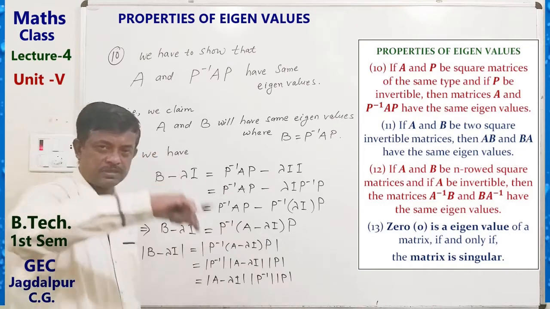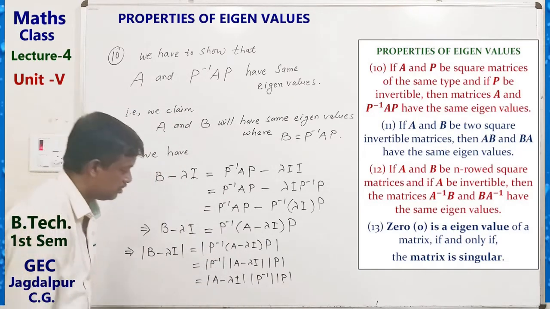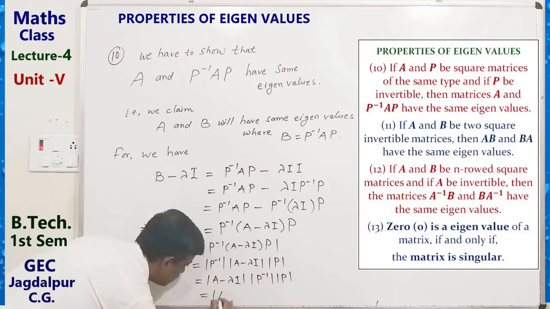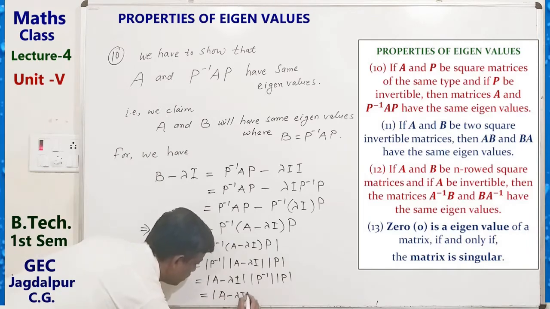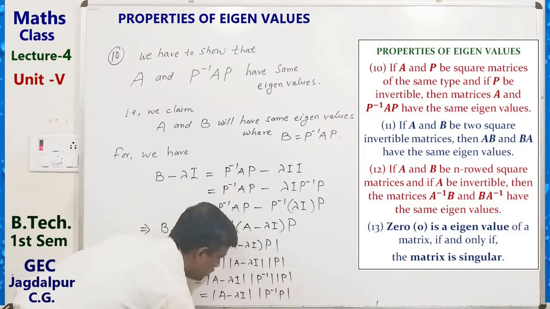Also by reverse, determinant A, determinant B equals determinant AB. So this equals determinant A minus lambda I, determinant of P inverse P.